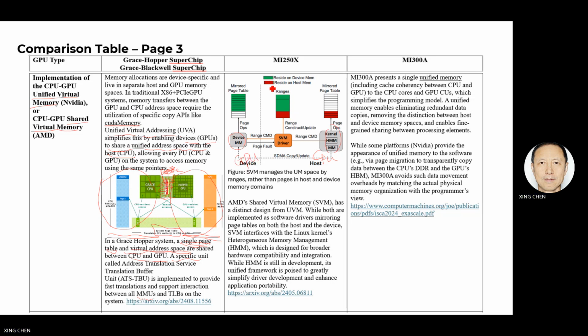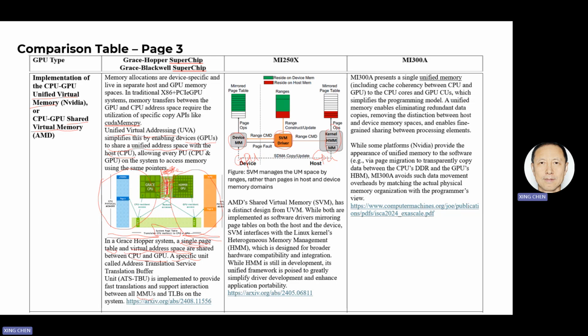And what AMD has chosen to do is, it has this kind of shared virtual memory driver, and this driver is going to be on the host side, and it is going to be the link between the two page tables. So from the programmer's point of view, you are going to have a unified virtual memory.